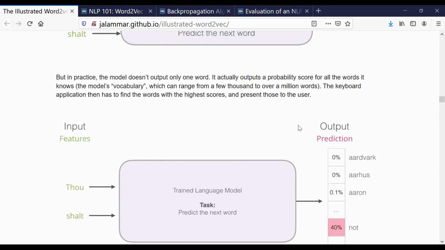Now, at the end of the day, what you want is a matrix. Remember that. All you want is that matrix. The reason I say this is because the creator of Word2Vec is so clever. It's something like this.